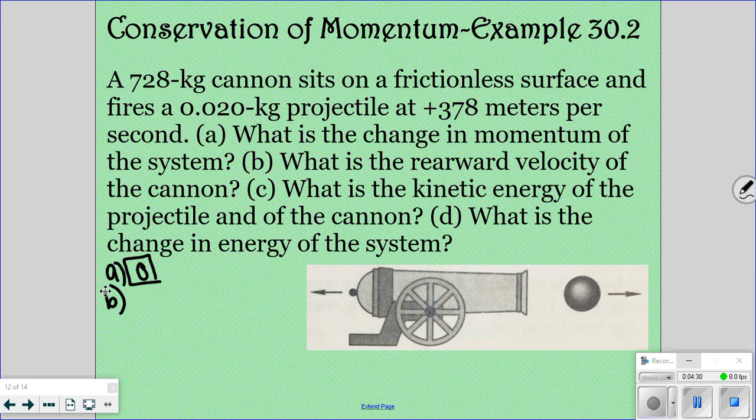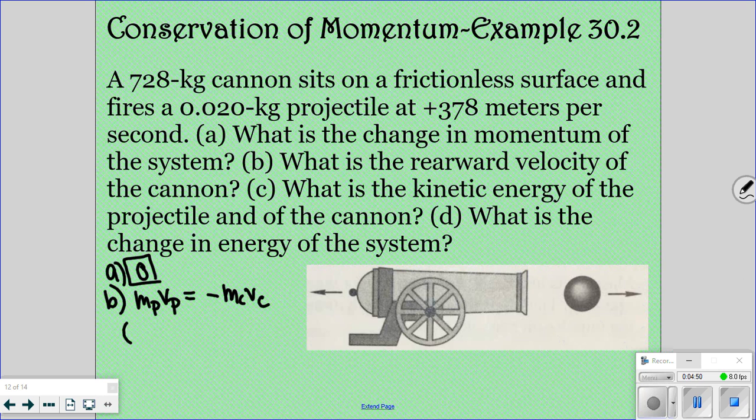What is the rearward velocity of the cannon? So we're going to use the mass of the projectile times the velocity of the projectile is going to have to equal the negative of the mass of the cannon times the velocity of the cannon, because the cannon's going to be going backwards, so it has to be negative.